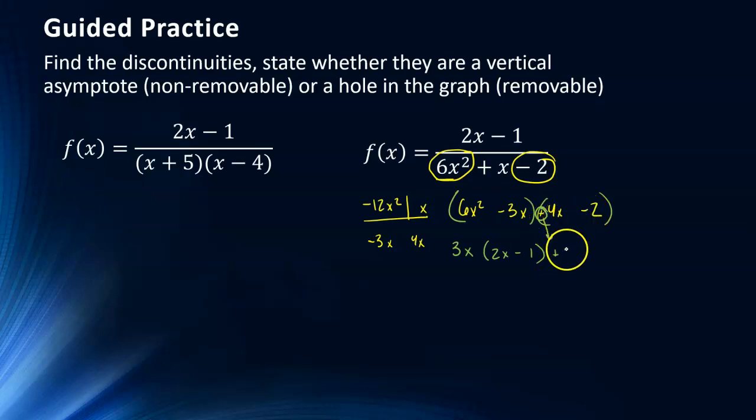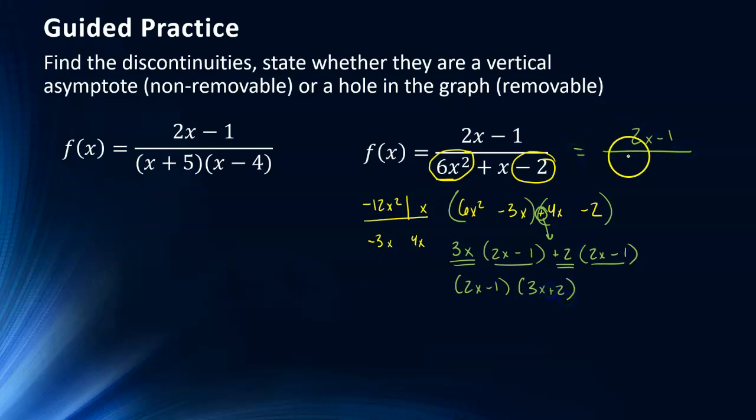And between 4 and 2, the GCF, the greatest common factor, would be 2, also leaving us with 2x minus 1. So the factors that are the same there are 2x minus 1, so it's going to be one of my factors, and then what's outside of here is your other factor, 3x plus 2. So this would be the same as 2x minus 1 over 2x minus 1 times 3x plus 2.